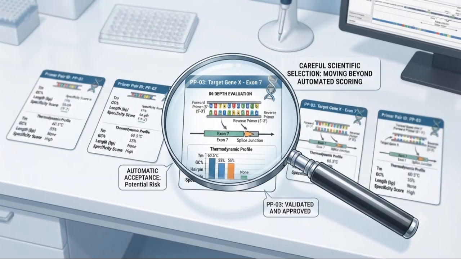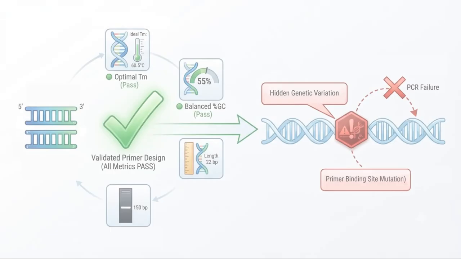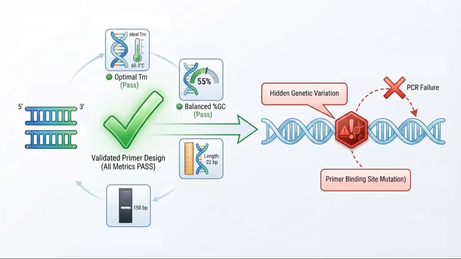Now we need to evaluate something Primer 3+ doesn't fully assess. A primer can be perfectly designed, have the right melting temperature, excellent GC content, and still fail in real samples. Why? Because one of the primer binding sites contains a common SNP.